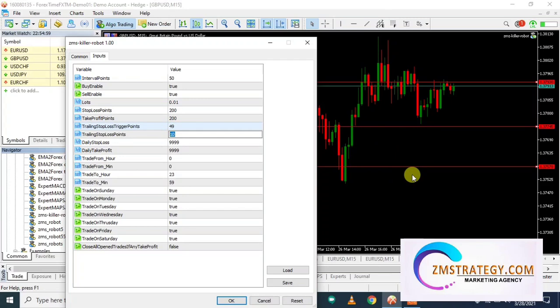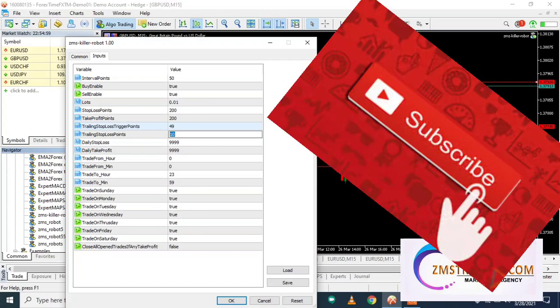Immediately the first trade gets to 49 points, the robot will protect this profit, and we are using a 1 pip difference, which is 10 points. The protection, and where the market will close, will be a 1 pip difference, which means we are protecting about 3.9 pips of profit.